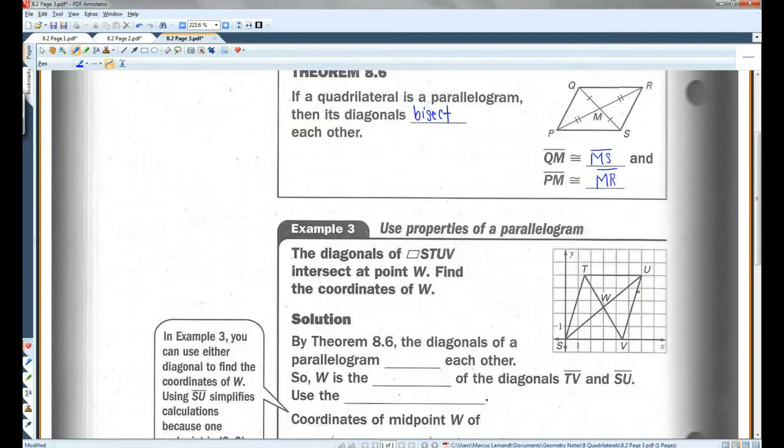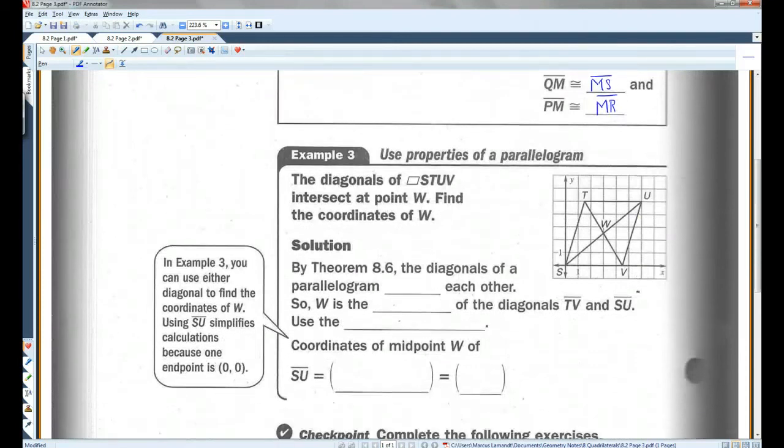Okay? Alright, so for example, the diagonals of parallelogram STUV intersect at point W. So they already tell you this is a parallelogram. That means the opposite sides are parallel, the opposite sides are congruent, opposite angles are congruent, all that stuff. By theorem 8.6, the diagonals of a parallelogram bisect each other.